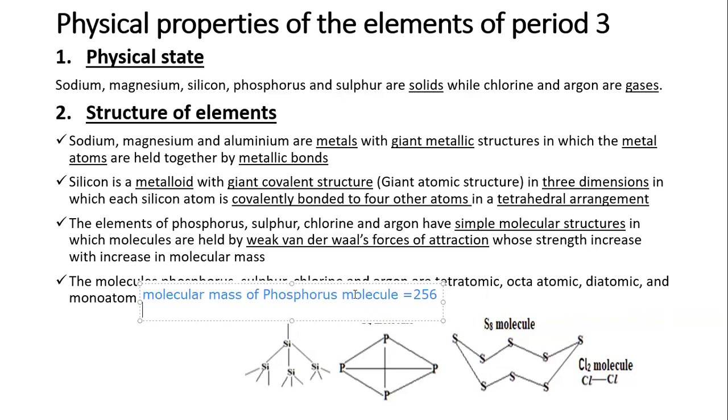When you try to calculate the molecular mass of sulfur molecules, which answer are we getting there? Someone can type it in the chat to be able to see it here. Sulfur molecule has 8 atoms.